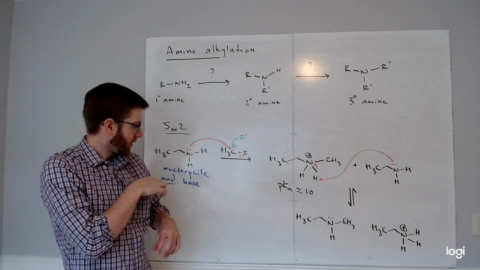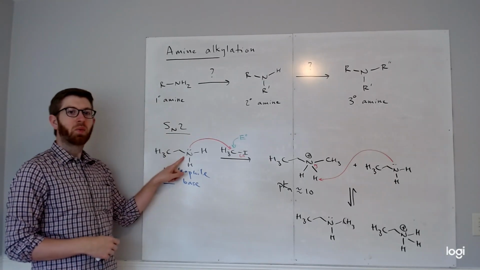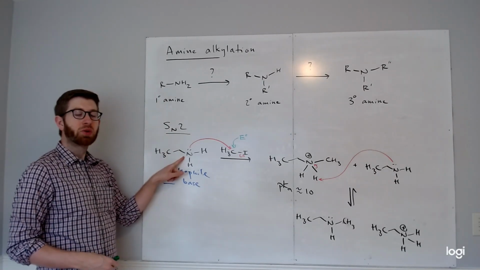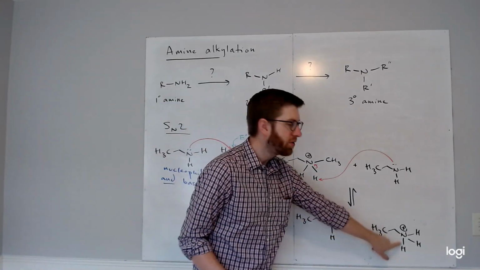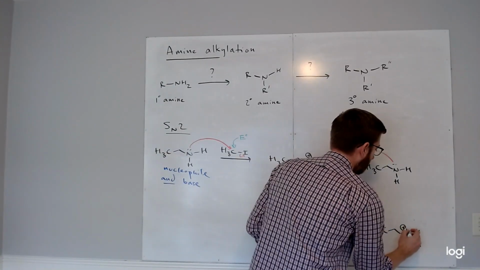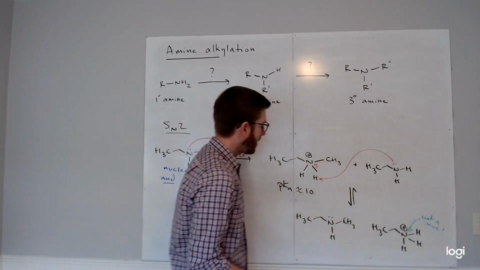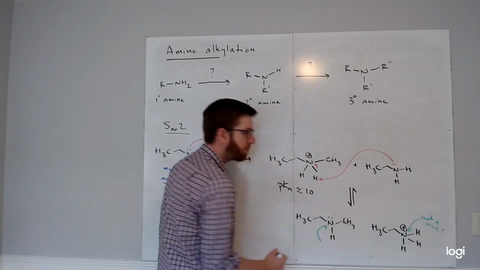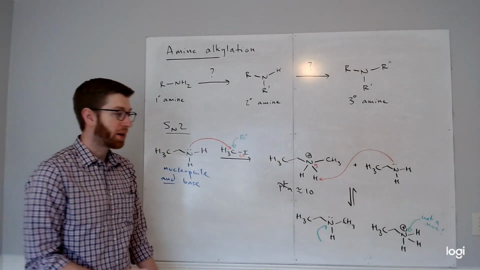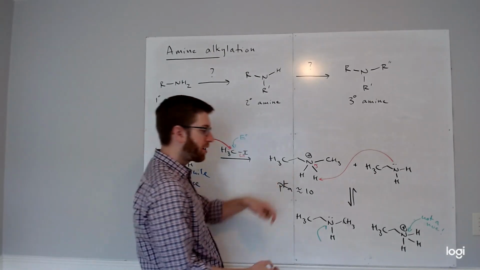Okay, so let's look at what we've done here. We've taken a molecule like this that we wanted to alkylate using a nucleophilic nitrogen, and we've made the nitrogen no longer nucleophilic because we've lost the lone pair. And we've taken our secondary amine and we've made it nucleophilic because we've restored the lone pair by deprotonating this compound.